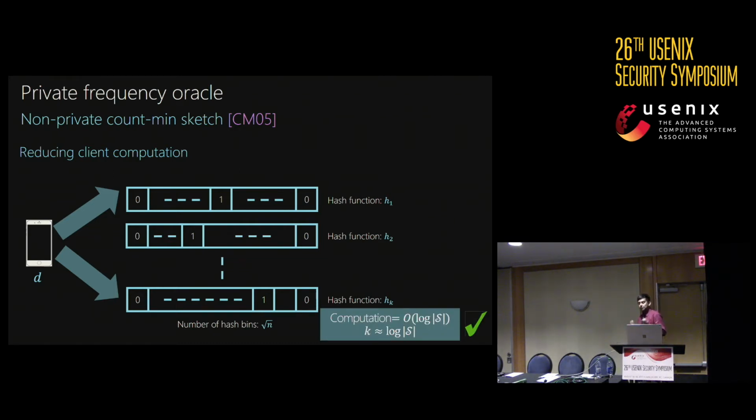So now what is the computation? Well, if k is the number of hash functions, then it's order log s. Well, I'm kind of putting log n terms under the rug because log n is really small in this case. But it is log s because you need like log s hash functions, and you have to kind of take the hash of the bits.